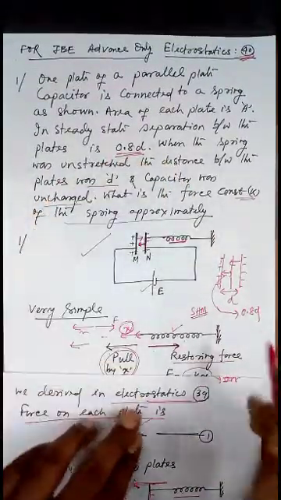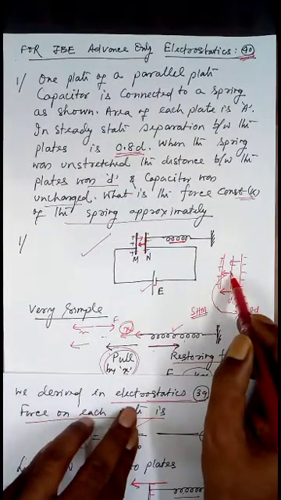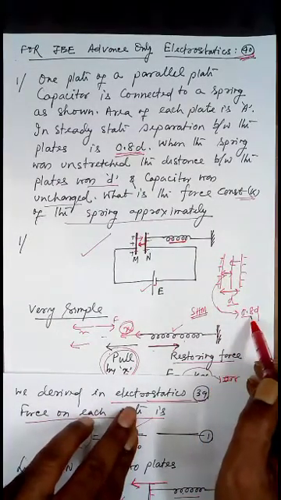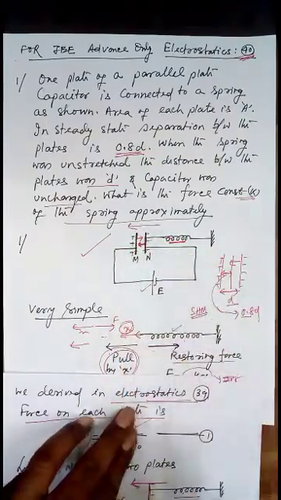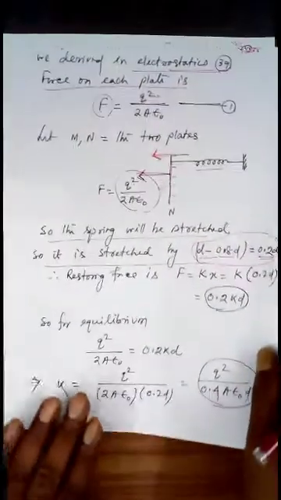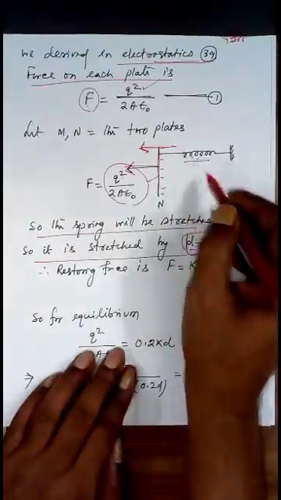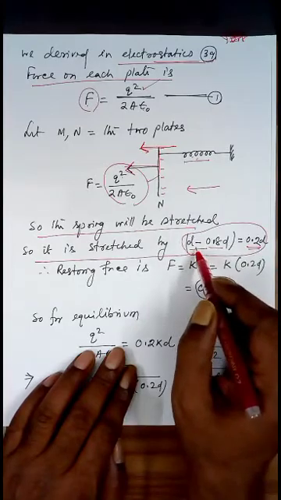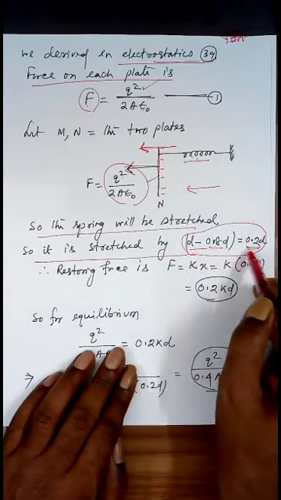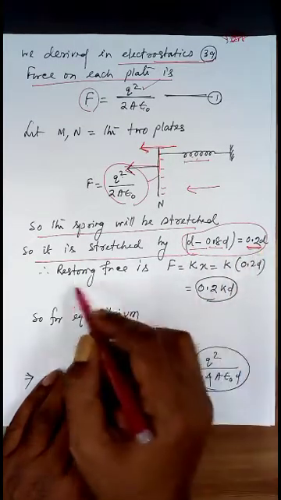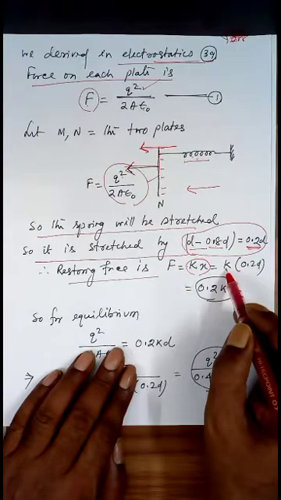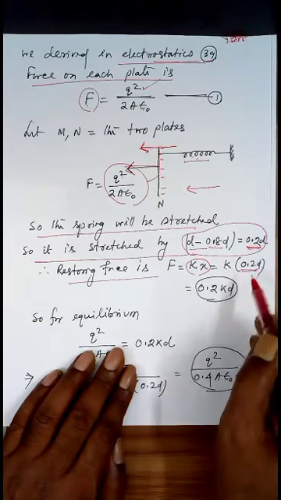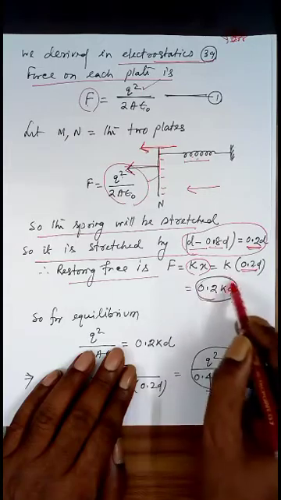So d minus 0.8d is the amount by which the spring has been stretched to this side. So the restoring force is kx. I am not using the negative sign here because that only indicates direction. So with this stretch, it is 0.2kd.